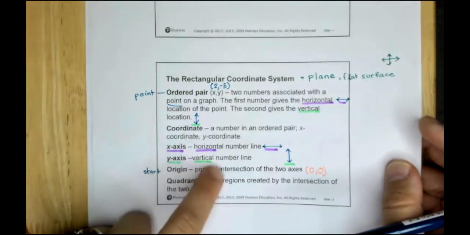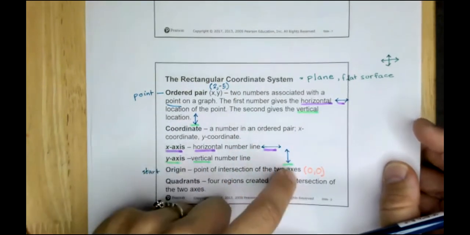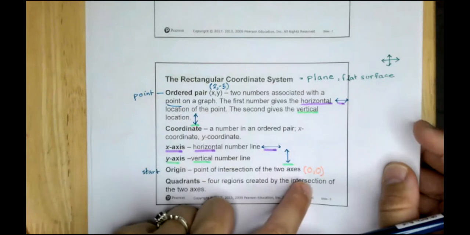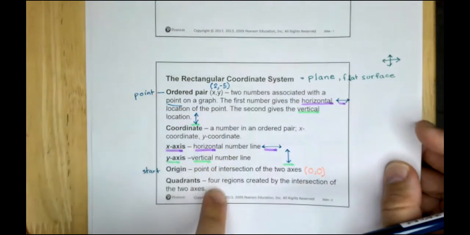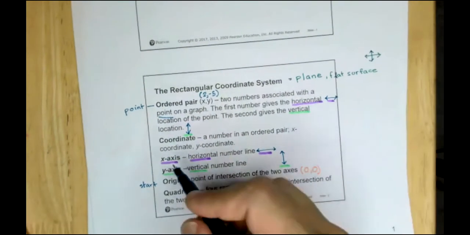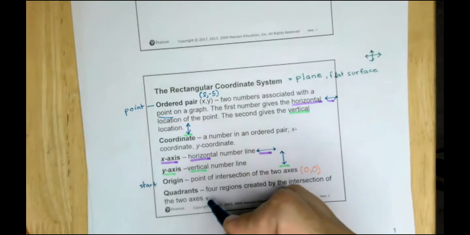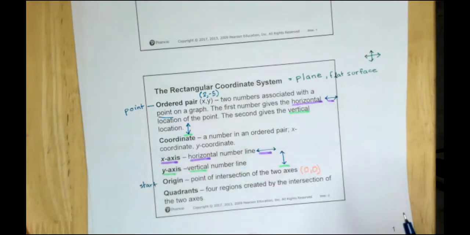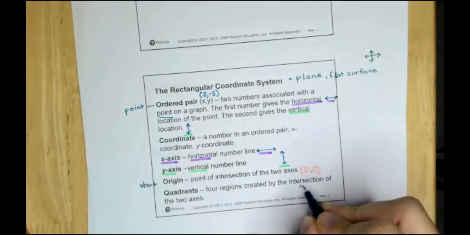The x-axis is this line. The y-axis is this line. The origin is 0, 0. And the quadrants are the 4 regions when the axes, which is the same as this word, just plural, intersect or cross.